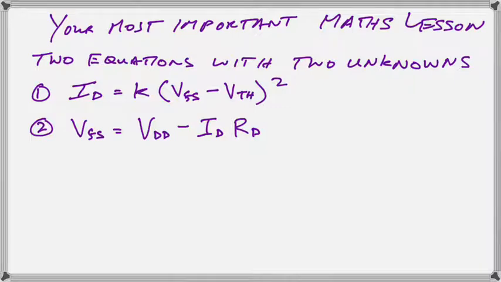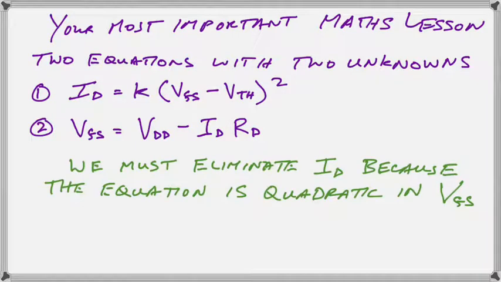So the first thing we have to do is to make ID the subject of equation 2 and then substitute equation 2 into equation 1. In order to do that, we will give you some steps. We are going to give you all the baby steps to get that done.